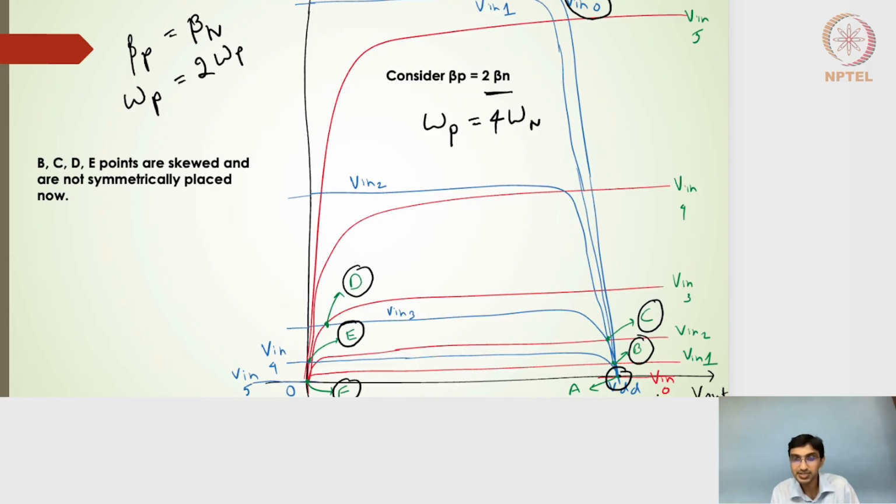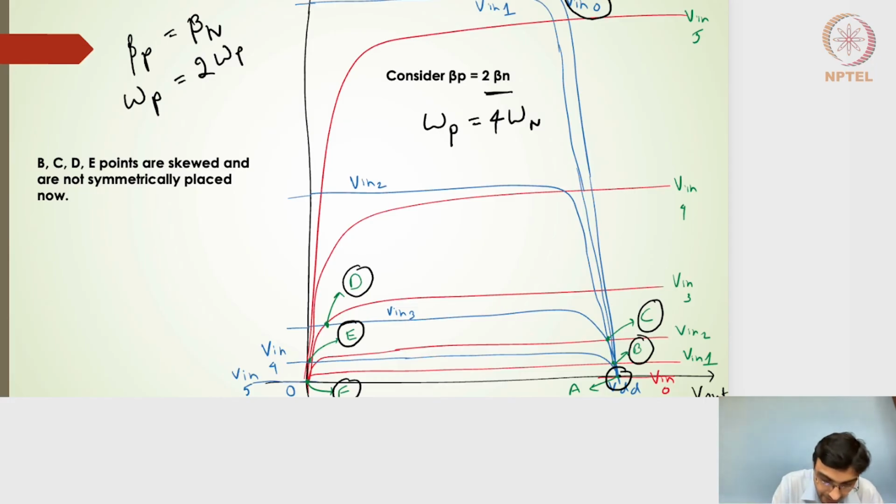E and D points are now slightly moving away from the 0 volts. Okay, so once you are able to draw it for the unskewed inverter and the skewed inverter, you should be able to notice it and appreciate it. Okay, hope this is understood.